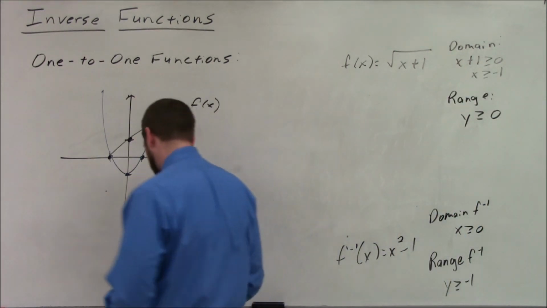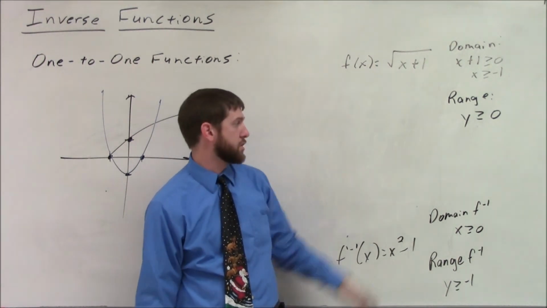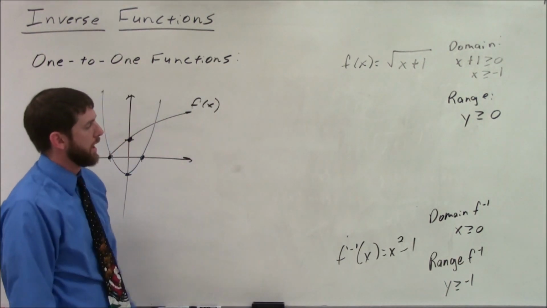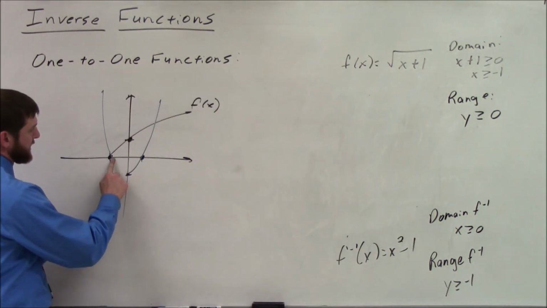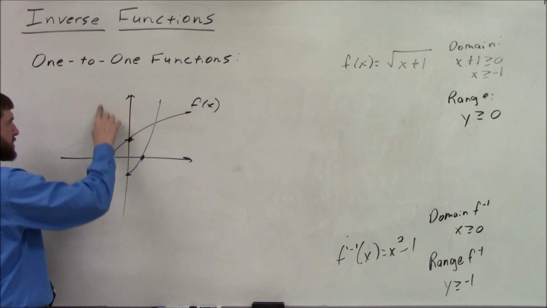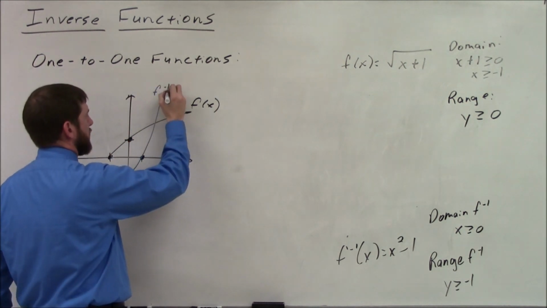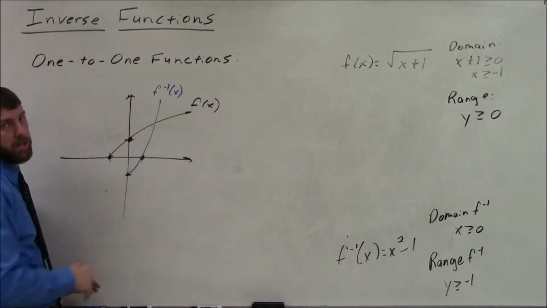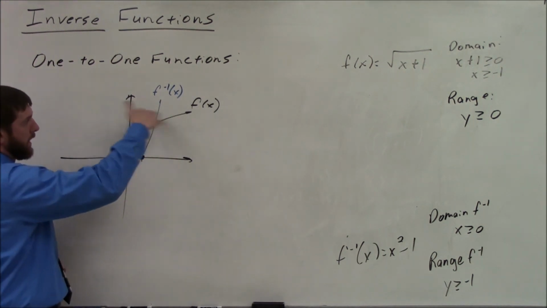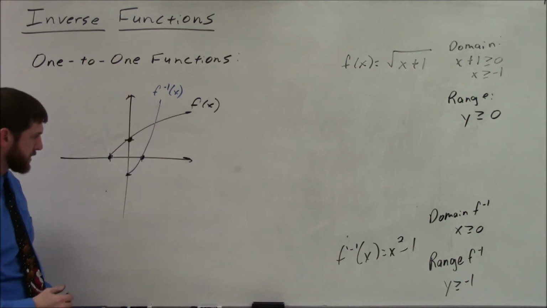So if we adjust our graph to meet the rules of domain and range swapping for inverses, if the domain can only be greater than or equal to 0, that means the left side of this f inverse curve does not exist. So now our function has met its one-to-oneness in that it passed the horizontal line test and its inverse passed that vertical line test.